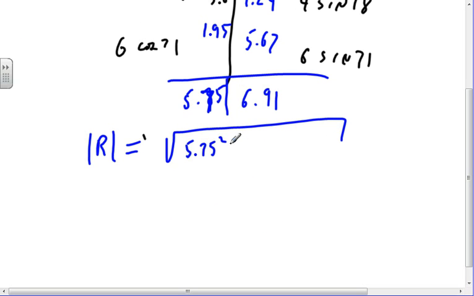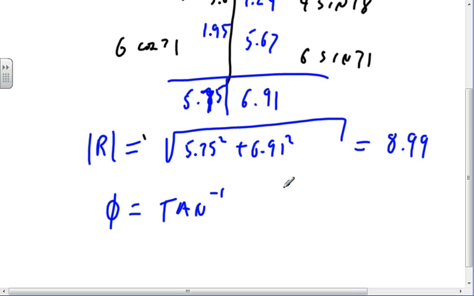All right. So then my magnitude of the resultant is the square root of 5.75 squared plus 6.91 squared, 8.99. My angle is going to be a first quadrant answer, so I just take the arctangent of the y component divided by the x component.